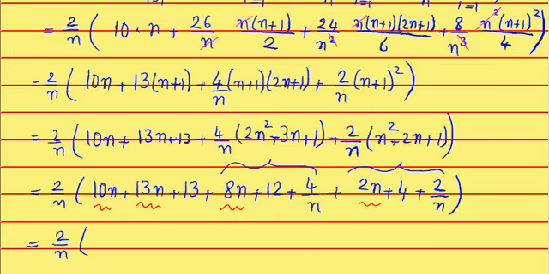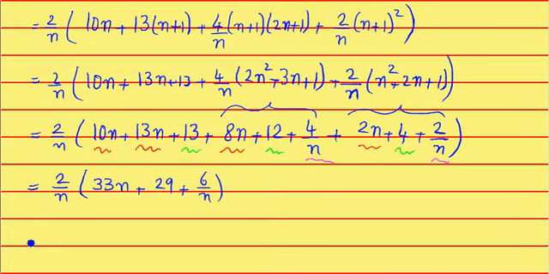And then this one makes 33n. Next we collect 13 and 12, 25, and 4 makes 29, I guess. And next we have 4 over n and 2 over n. We add them up and get 6 over n.